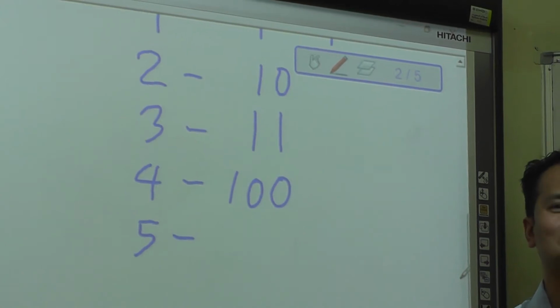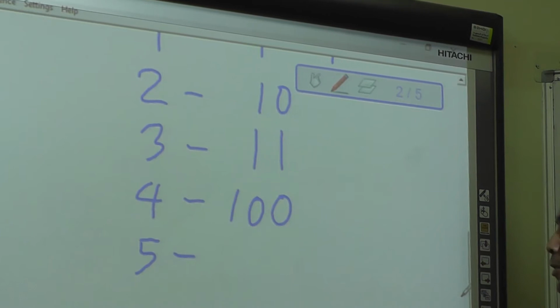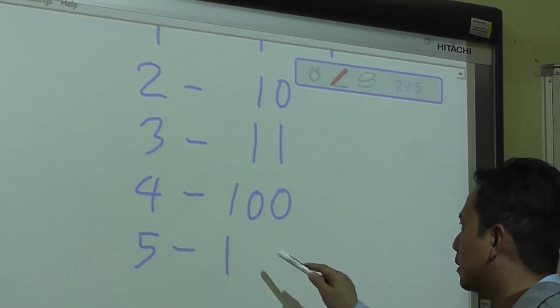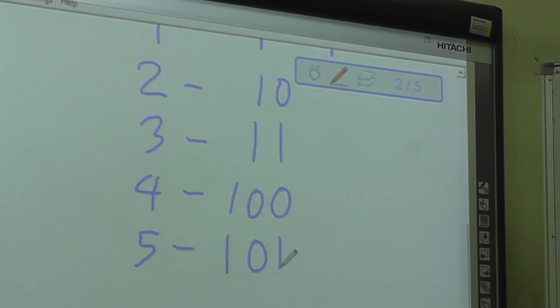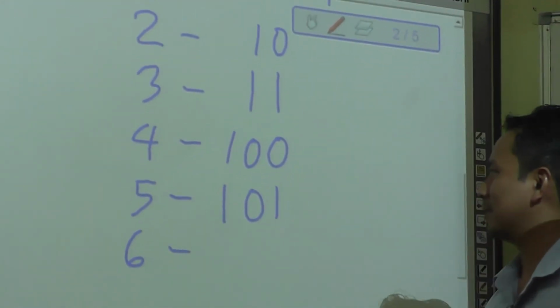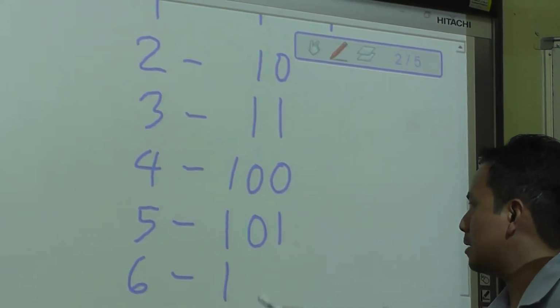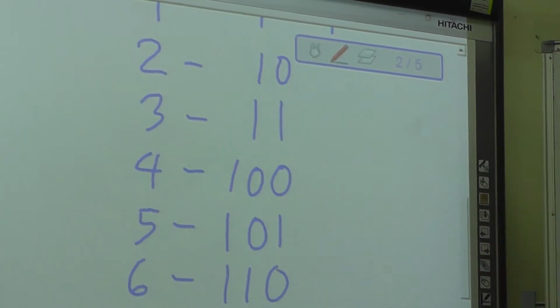Any guess? What's the answer? Okay, you are correct. To get 5, you have 1, 0, and 1. How to get 6? To get 6 is 1, 1, and 0.